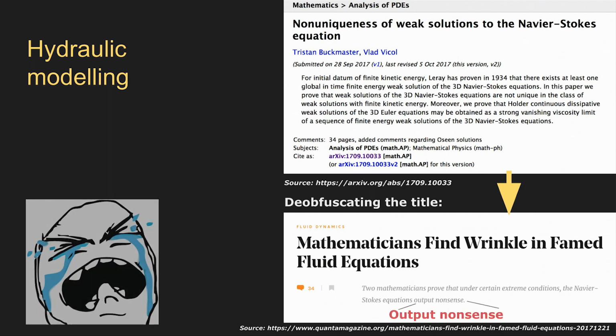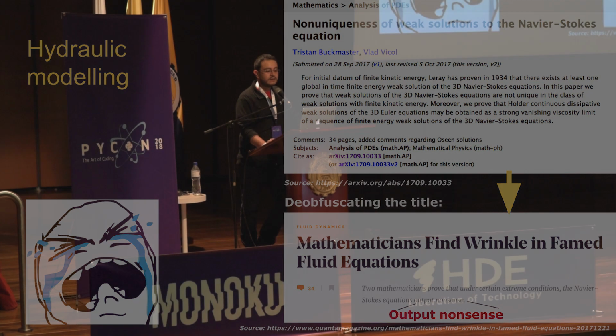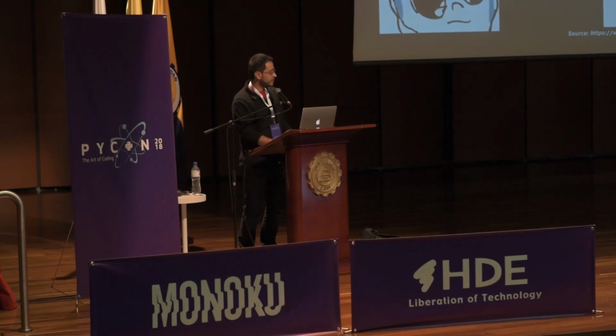In their words, it outputs nonsense. This is normal because it reiterates that models are just a representation of reality, and the fact that the equation doesn't work under certain circumstances just means that we are not taking into account all the different things that we should be taking into account.